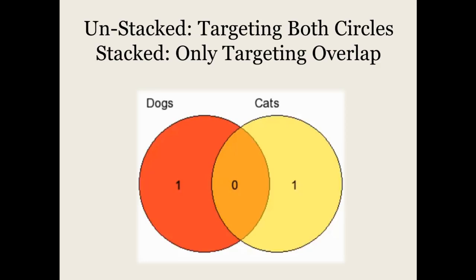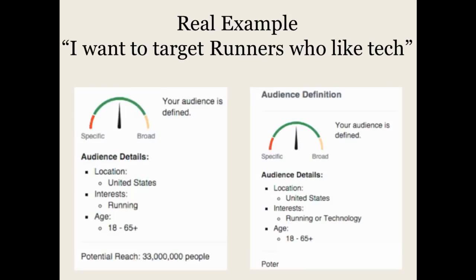So you cannot target or make a product for dual utilization, a product that could be used for dogs and cats. In this kind of situation, you must make a product specific only for dogs and a product specific only for cats, okay, for you to have an audience for your product. Next, a real example. Let's say I want to target runners who like tech.